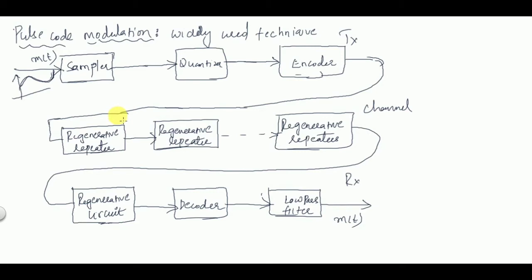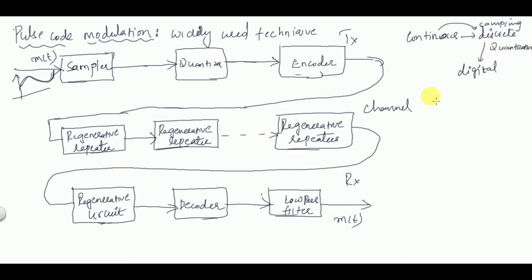So in order to have digital communication, we are converting those continuous time signals into discrete time signals, and from discrete time signals we are converting them to digital signals. First, continuous time signals are converted into discrete time signals by a process called sampling, and discrete time signals are converted into digital signals by quantization.